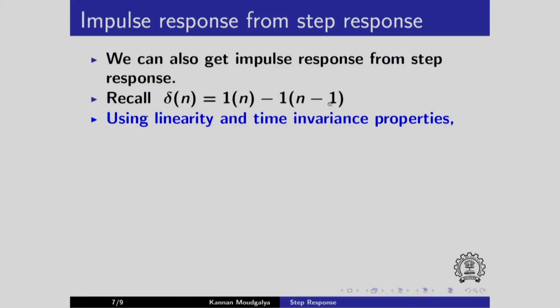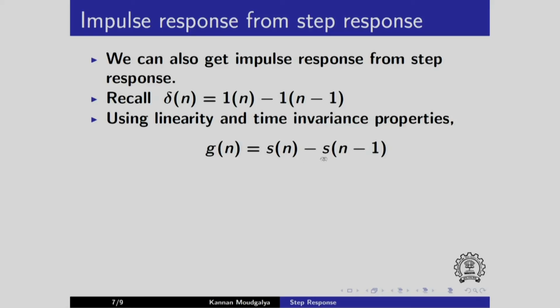When 1 of n minus 1 is used, we get S of n minus 1 to the same system, and we use the same S because it is time invariant. If it is not time invariant, I cannot use the same S, and because it is linear, I can use the same combination for the S. So 1 of n produces S of n, 1 of n minus 1 produces S of n minus 1.